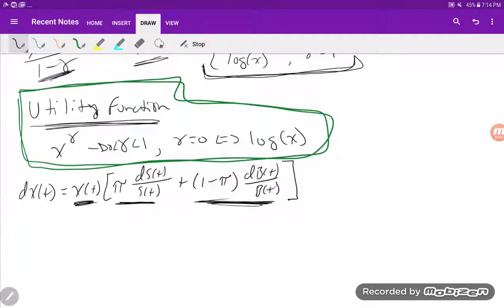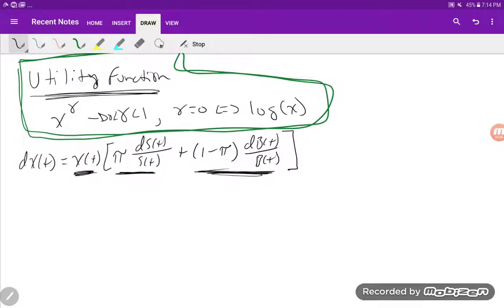And then furthermore, for dS_t and dB_t in particular, we're going to assume the same dynamics as in the classical Black-Scholes framework. So the differential of S is equal to some drift alpha times S_t dt, so it's a geometric Brownian motion, plus sigma S_t dW_t.